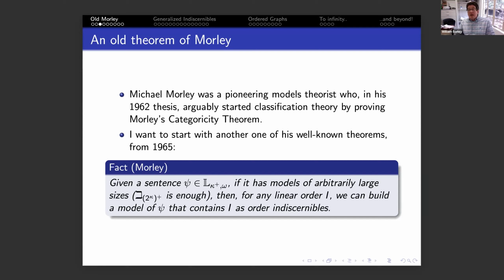And one way to do that, and Hanf gave a replacement-style argument that there is some threshold, but with Morley's omitting types theorem, you get this exact computation because you can take an arbitrarily large linear order. Once you can build these models containing I as order indiscernibles, you really don't care about the order indiscernibles. You just get arbitrarily large models. So this is a great theorem.